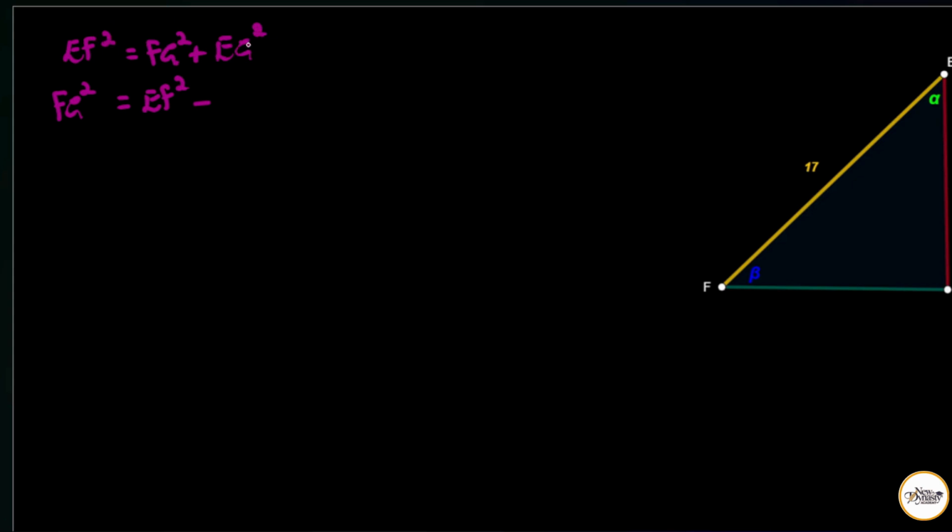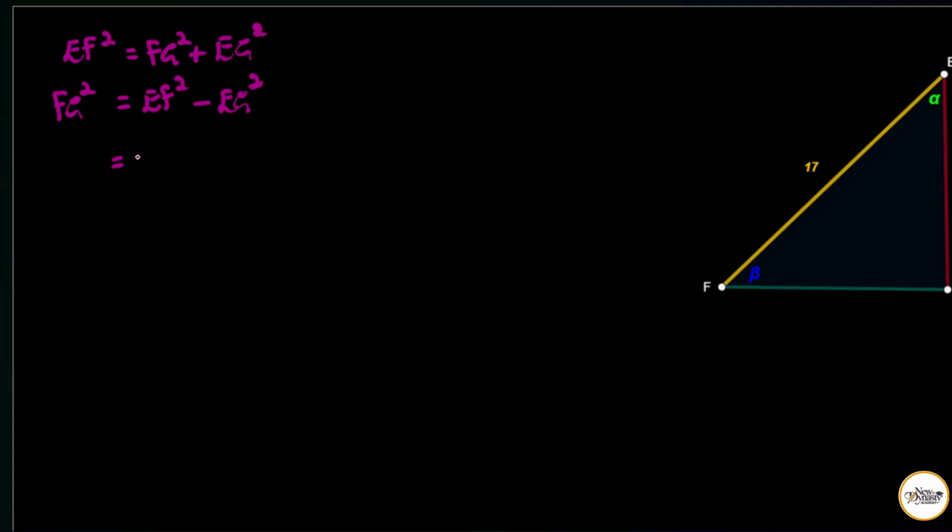It is just making one of the sides the subject of the formula. So that is subtract side EG in this case. It is just the same as subtracting EG squared on both sides so that we can make FG the subject of the formula. So let's go on and substitute what we have.